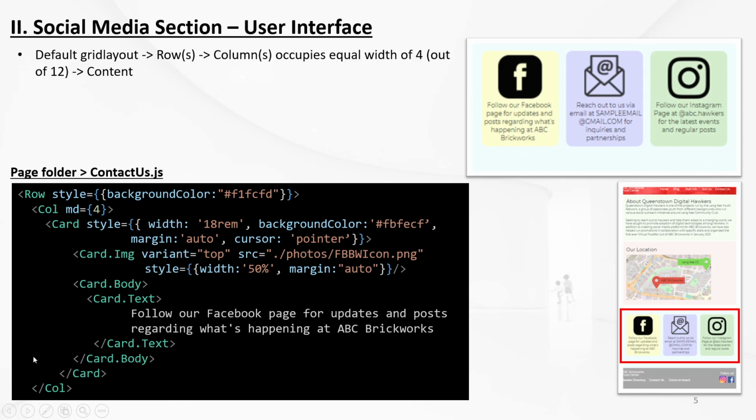So this is reflected in the code. 1 row, and I've left out the other columns because it's just an abstract to show how I do up 1 column. And within each column there's the card, the image, the description, and the inline CSS style. So this card is actually a React Bootstrap card component.